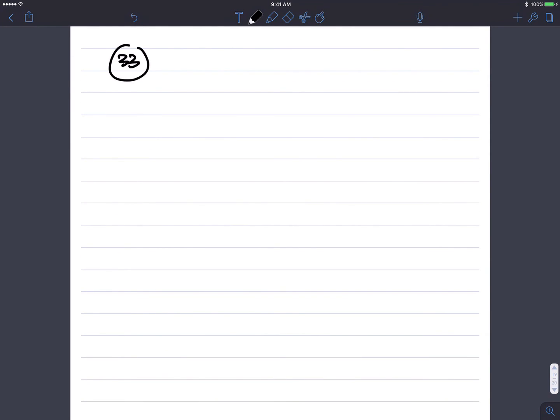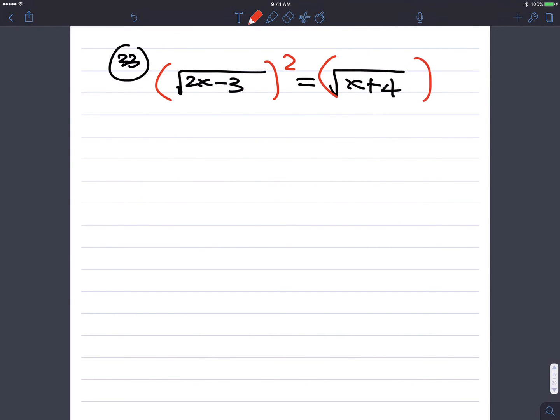The square root of 2x minus 3 is the square root of x plus 4. You're going to square both sides. We get 2x minus 3 is x plus 4.